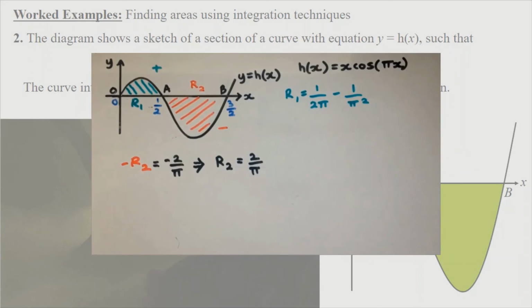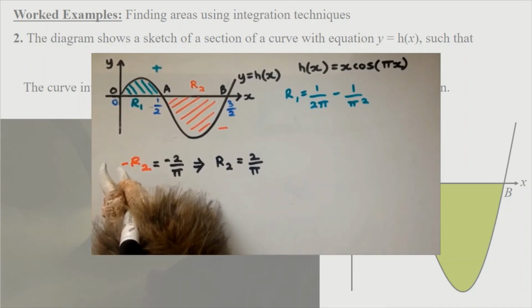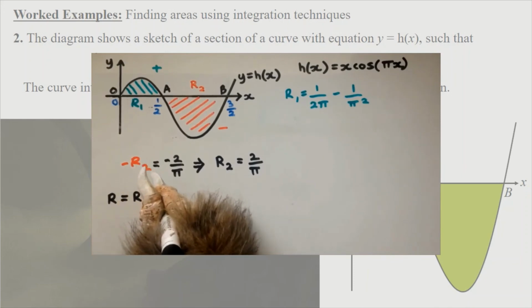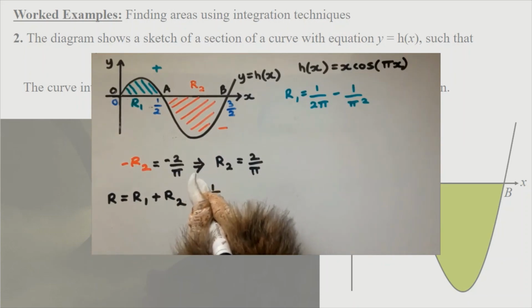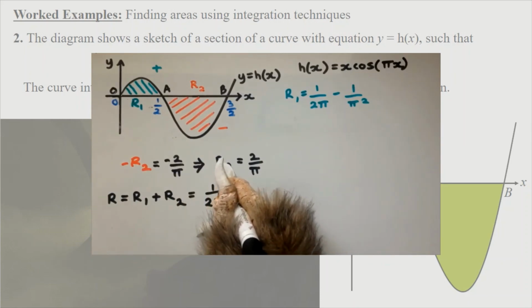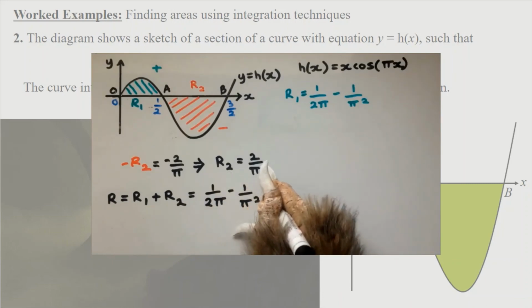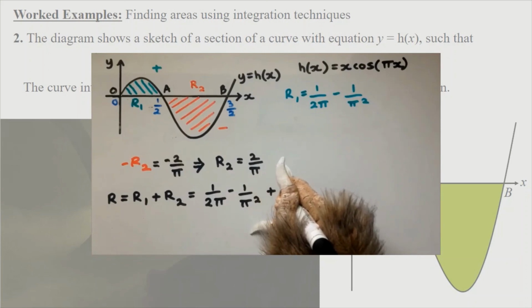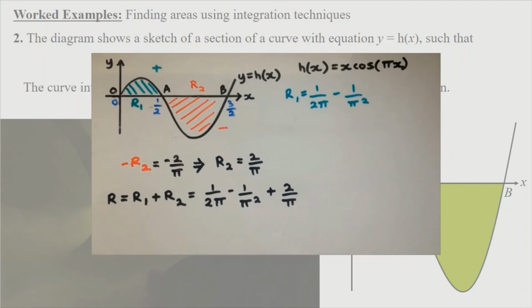We've had R1 written here for a while. So to get the total area, we're going to add R1 and R2 together. So our overall area was R. So R is equal to R1 plus R2, both positive, which is equal to 1 over 2 pi, subtract 1 over pi squared, plus 2 over pi. Now, we do have some like terms we can collect here.